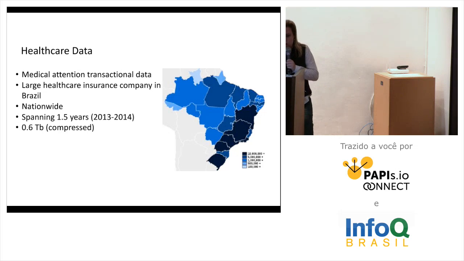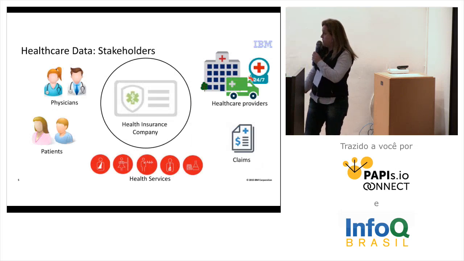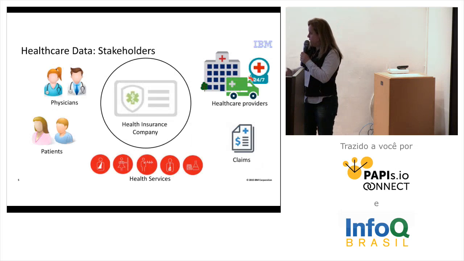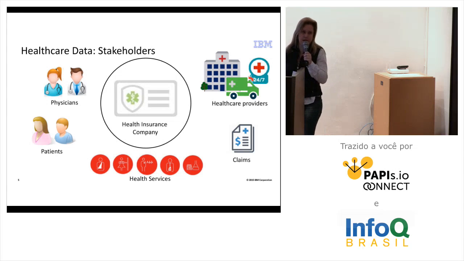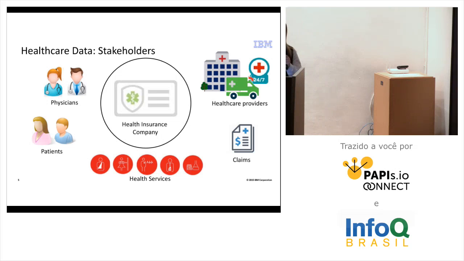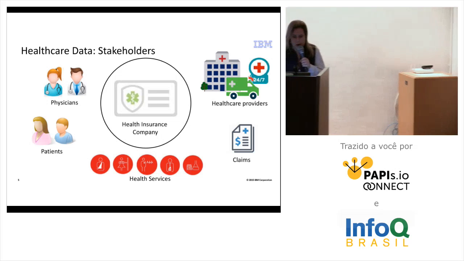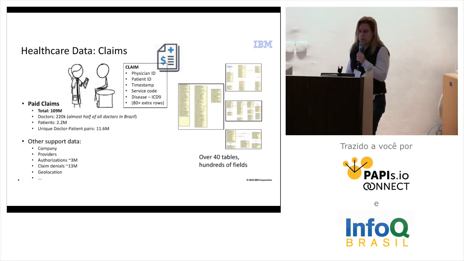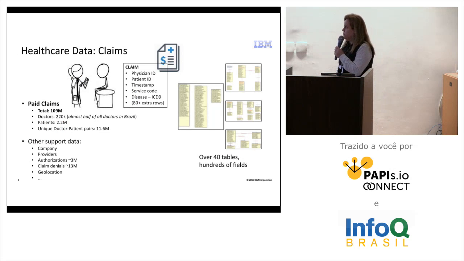So what do we have in the data? We have information about physicians, patients, healthcare providers, claims, the health insurance company and its services, exams, consultations, and other things. We have more than 40 tables. The claim table had more than 80 extra rows, so we have a lot of data.